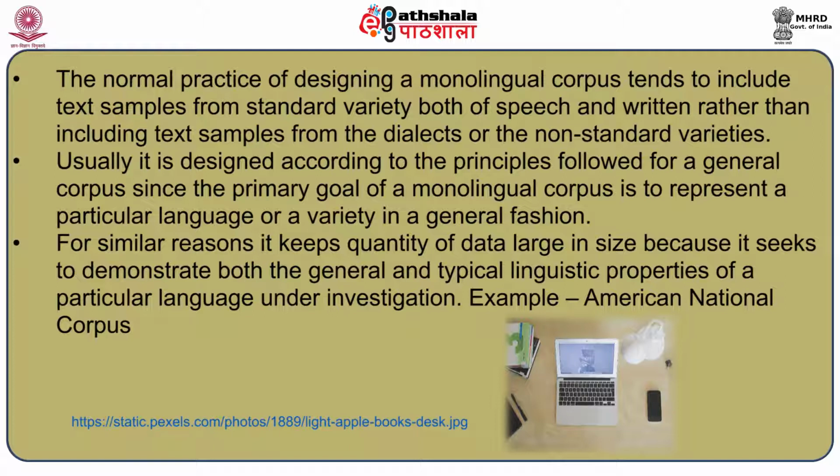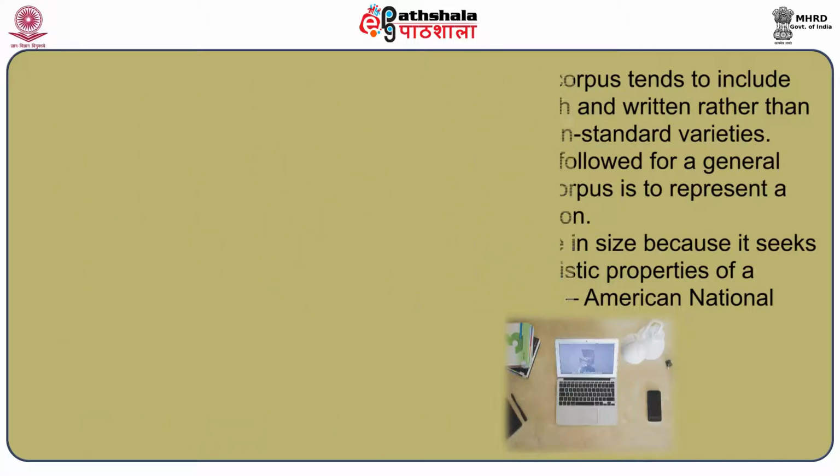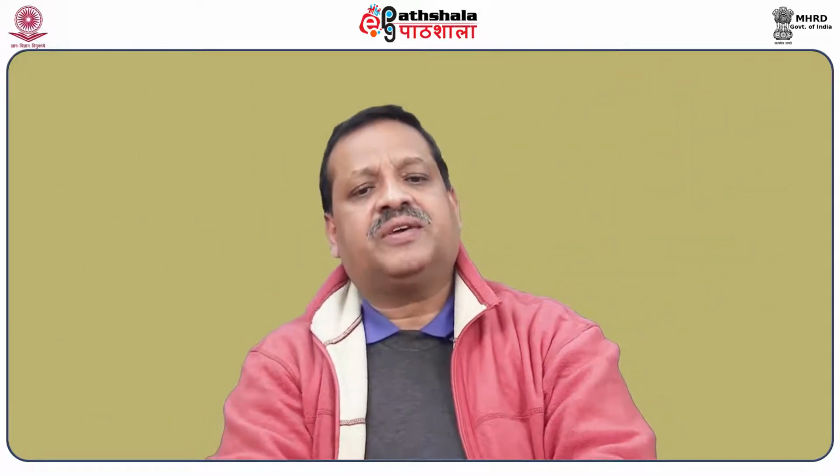It has both a speech part and a text part, and it is meant to represent the general pattern or type or nature or structure of American English. This contains a large amount of text of American English both in spoken and written form.